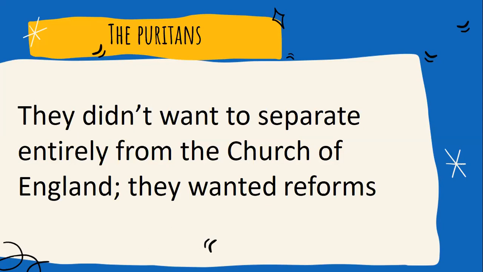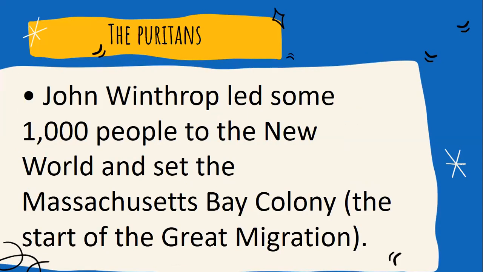So it's basically the same group of people coming from the same country, but thinking differently. They didn't want to separate, but they did want to have reforms. So this guy came into play.